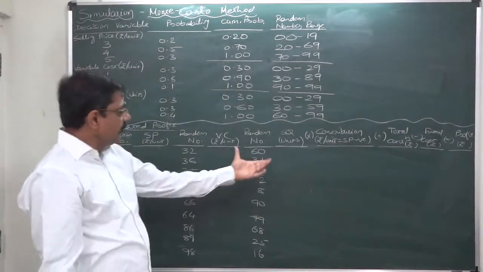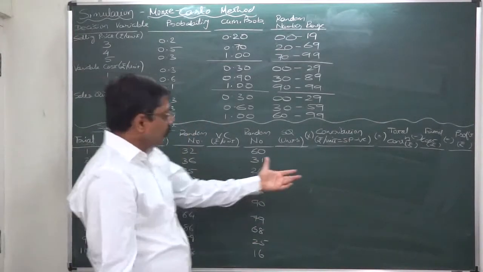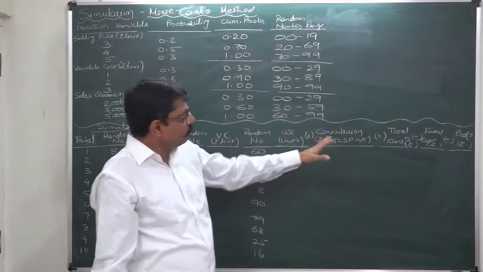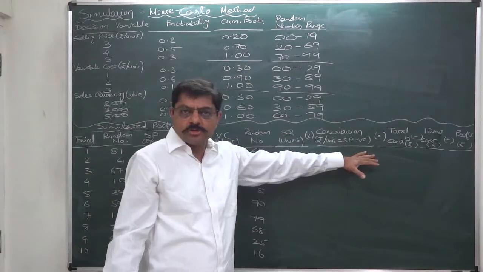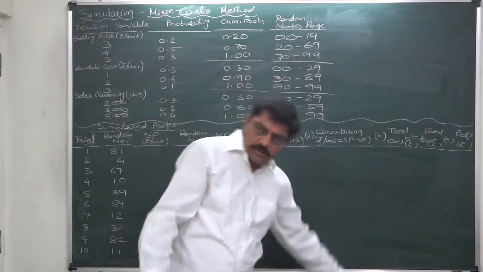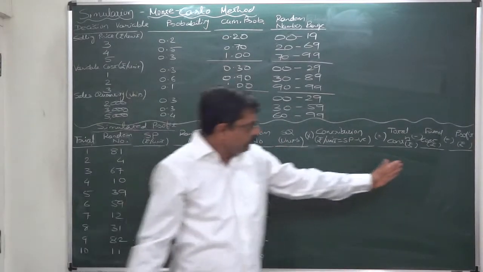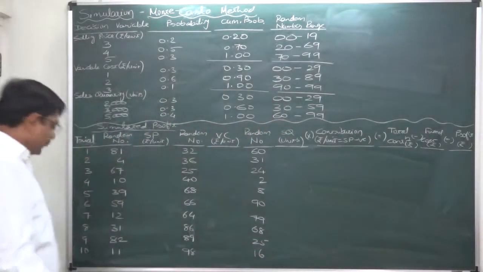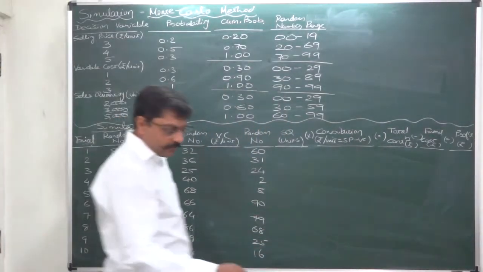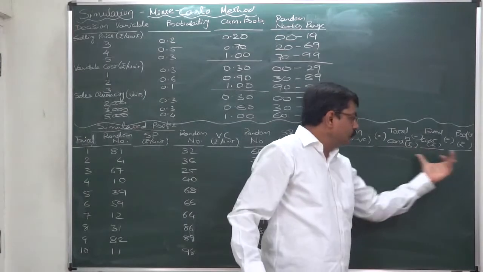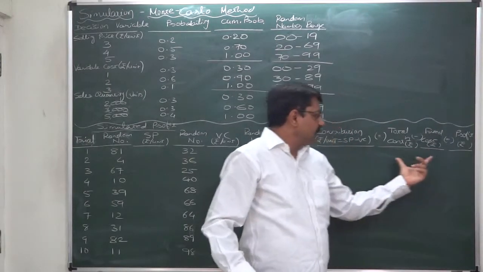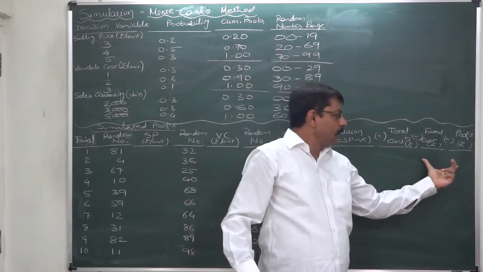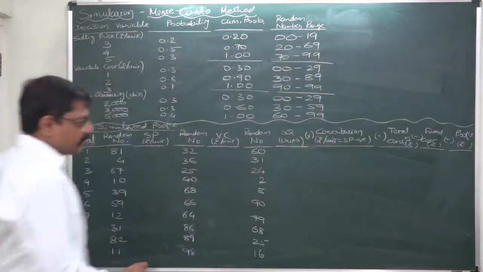Then the simulated sales quantity; multiplication of simulated sales quantity and simulated contribution per unit will give us total contribution, and if we subtract fixed cost, which is given to be 4,000 for any trial, the remaining amount will be profit. So these are the columns we need to prepare.